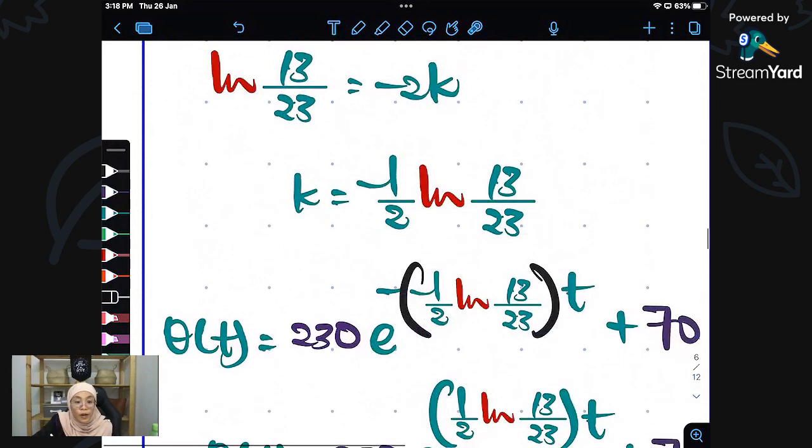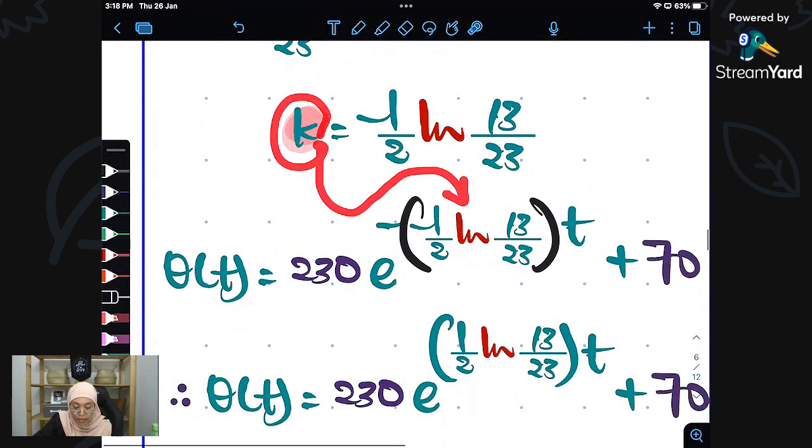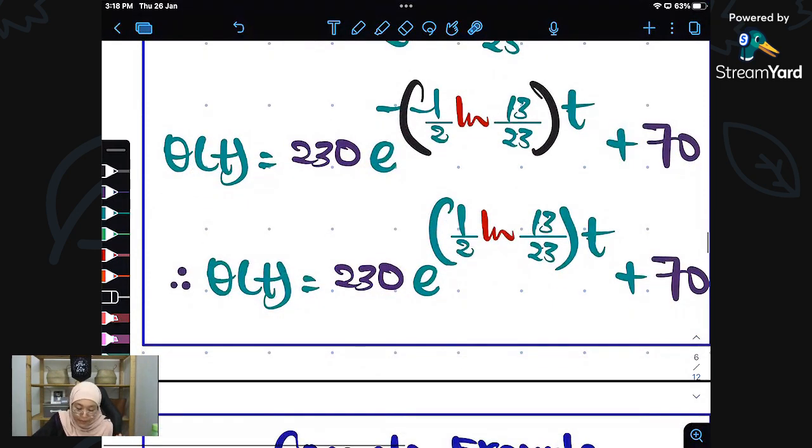Okay, so and then if you already found your K value, you are so happy now. You can sub in the K value inside of this general solution. So when the general solution, we have negative outside. So negative bertemu negative akan jadi positive. Sama seperti radioactive decay sebelum video saya sebelum ini. So basically negative akan jadi positive.